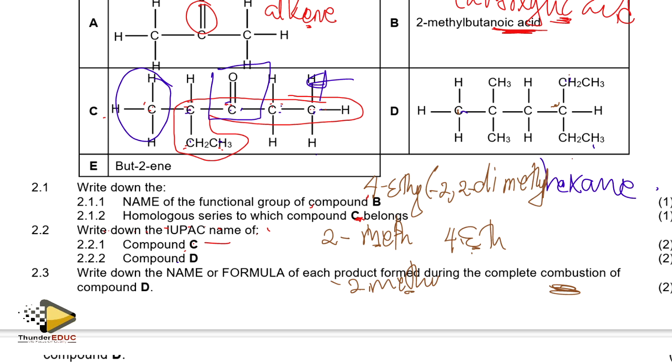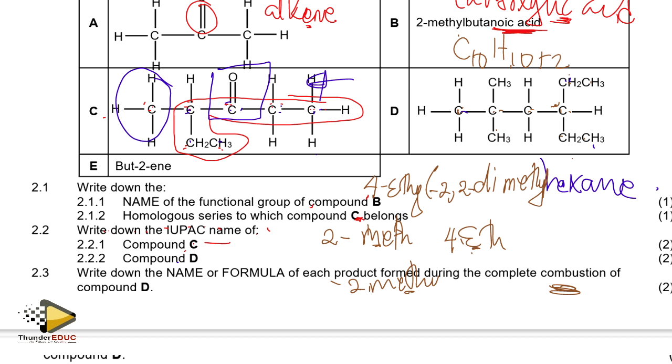How many carbon atoms? 1, 2, 3, 4, 5, 6, 7, 8, 9, 10. So just by knowing the number of carbon atoms, carbon is 10. Then hydrogen is supposed to be 10 plus 2?